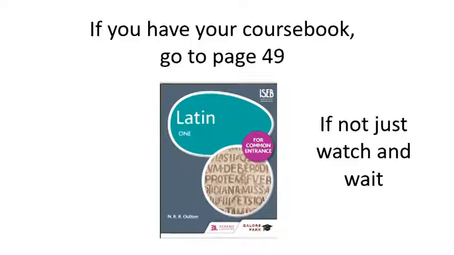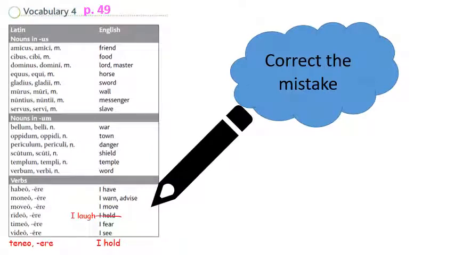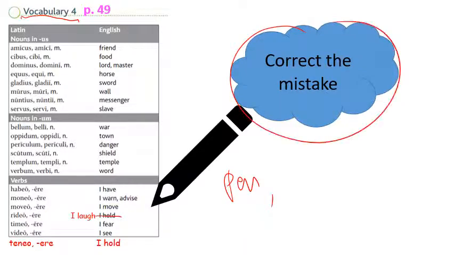Right. Now, if you have a course book, go to page 49. If not, just watch and wait. On page 49, you will find vocabulary 4, and I want you to take a pen or a pencil and make a correction. There is a mistake in this vocabulary. Where it says rideo, you will read I hold.